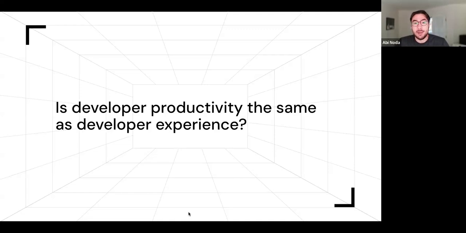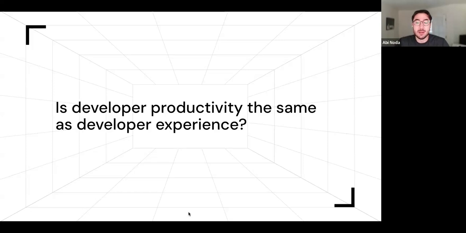So, different ways to look at it include developer productivity being a subset of developer experience, right? Productivity is one dimension in the being of developers. Another way to look at this is that developer productivity is the output or outcome of developer experience.